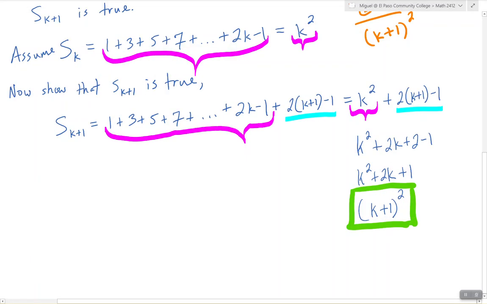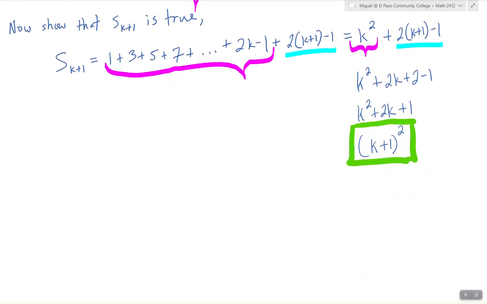Let's try an example. Yeah, let's do 3. So same process, different statement.